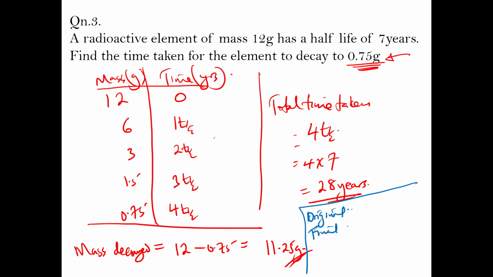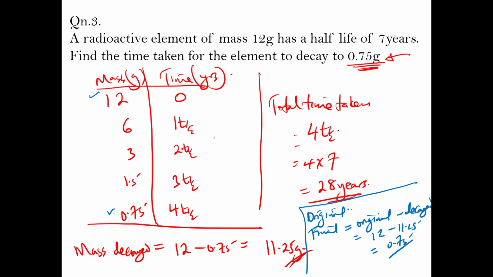Now if you don't have the final, you begin by calculating that final, that this is the same as the original minus the decayed. So the original is 12, the decayed is 11.25, the final will be 0.75. And then repeat the same process from the original to the final. Whenever dealing with half-lives, you must be having the original and the final, and then you work on the rest. So that is what we do.